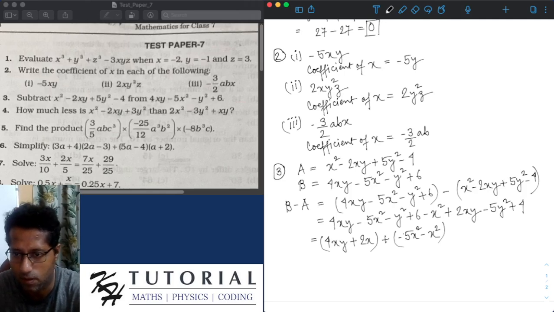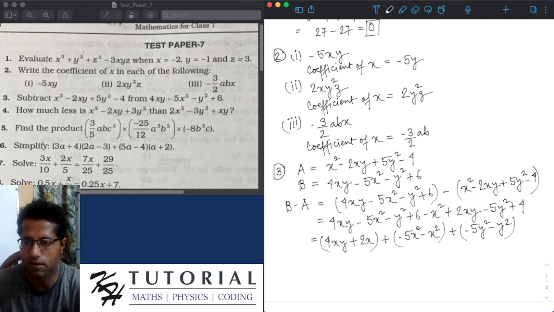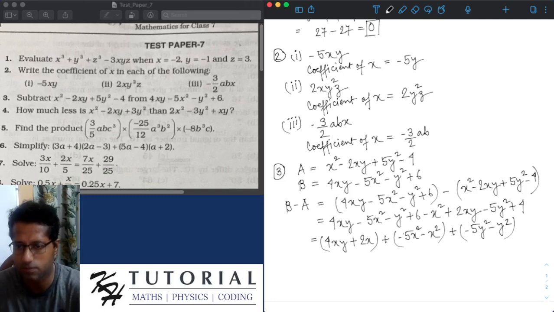So we have minus 5y square and minus y square. And finally we have the constant terms. They are 6 plus 4.